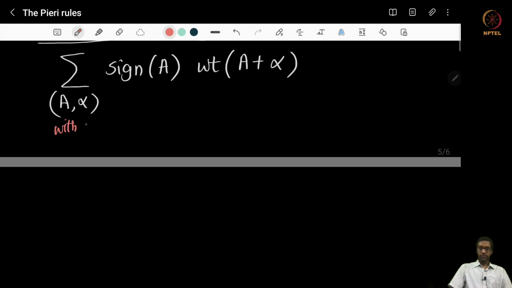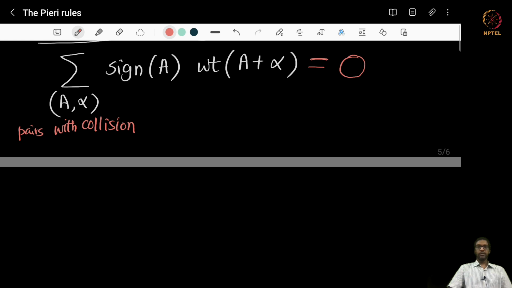I look at pairs in which there will be a collision. So these are colliding pairs, if you wish. Then if you only restrict to that subset of pairs, then the answer is 0.